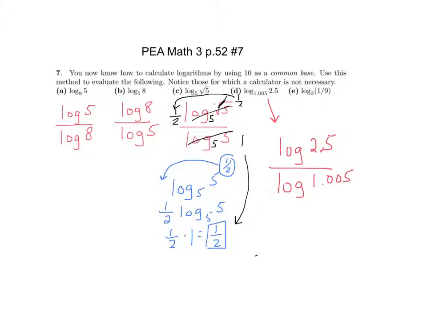Okay, so when we do that one, our answer here is 183.716, rounded. Not a nice number. And if it's not a nice number, that probably says you can't do it without a calculator.